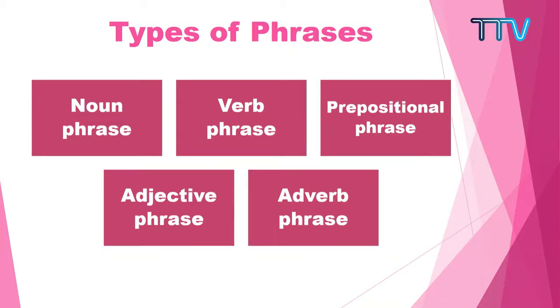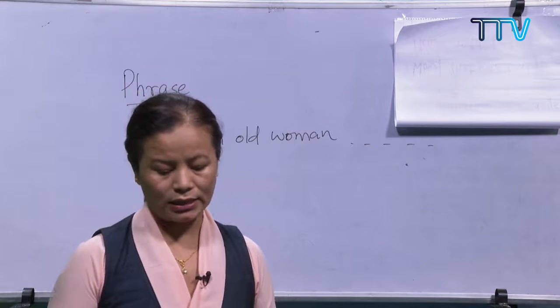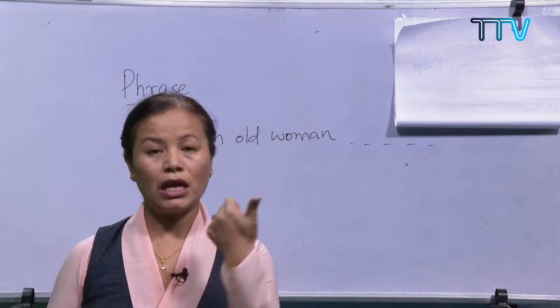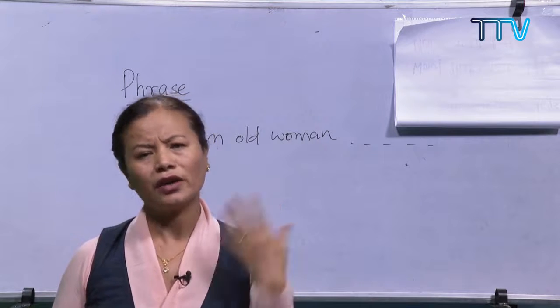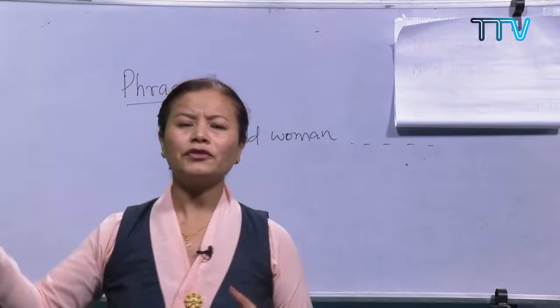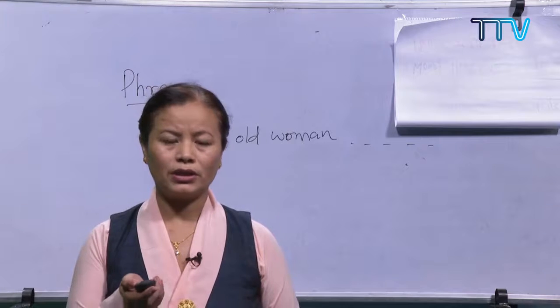What do you think this is? So a noun phrase is a phrase that works like a noun, but it's not a complete sentence. So noun phrase, verb phrase, prepositional phrase, adjective phrase, adverb phrase, we have gerund phrase, infinitive phrase, absolute phrase. So we have a lot of phrases. So I'm going to discuss only a few with examples. Just look at the slide.